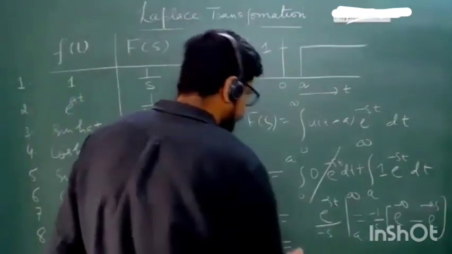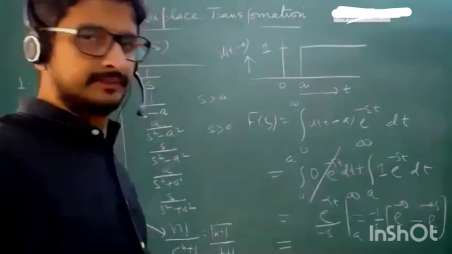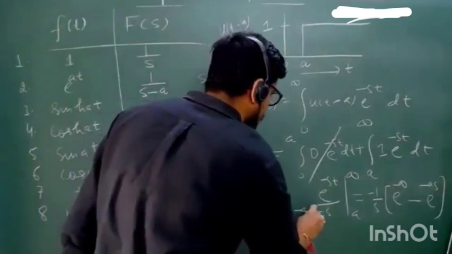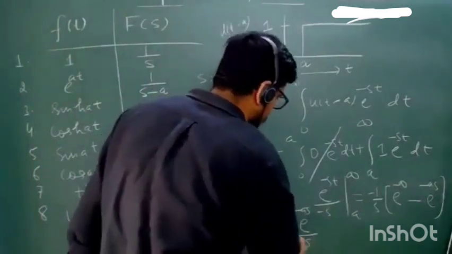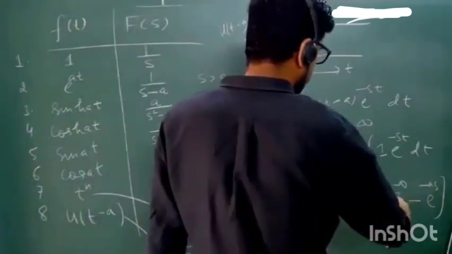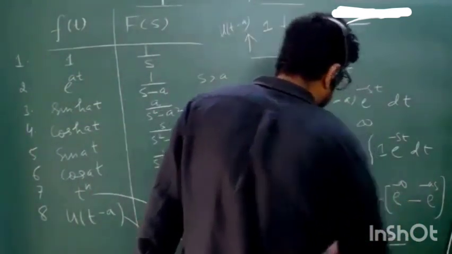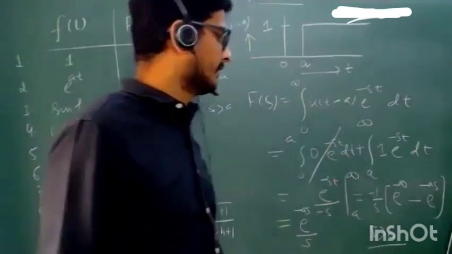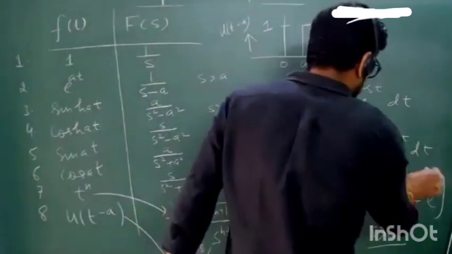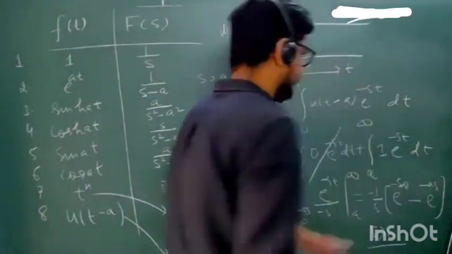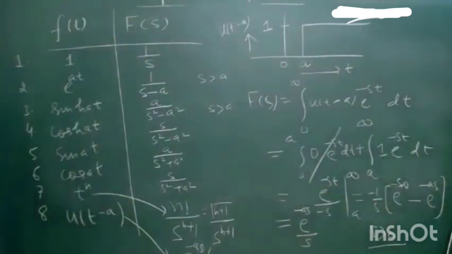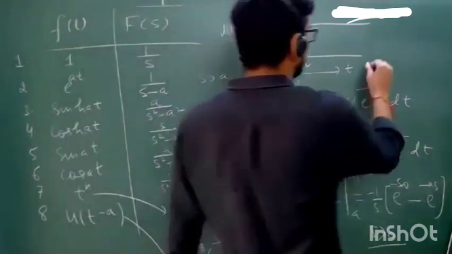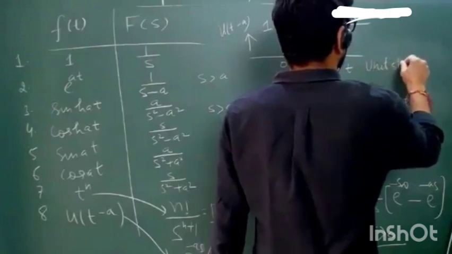So this becomes e to the power minus as upon s. And here you can see that s should be a positive number, otherwise this infinity will not vanish, because it is e to the power minus s infinity. So s has to be positive. Okay, so this is for your unit step function.